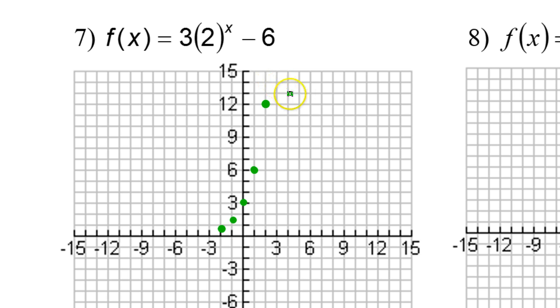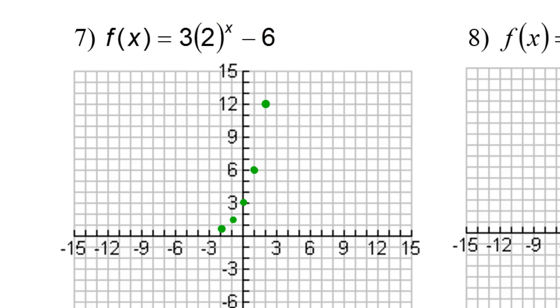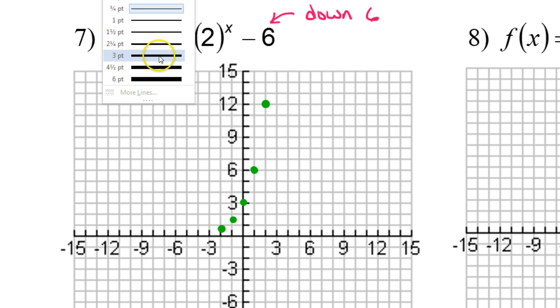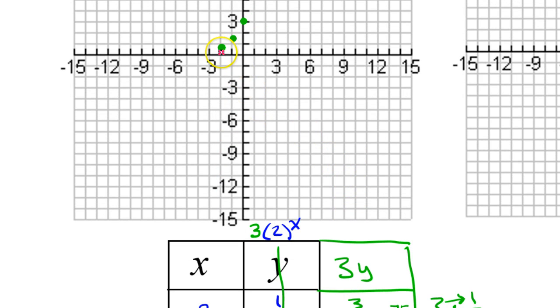Alright, so we have not done the minus 6 yet. That's the only thing that's missing. So minus 6 is down 6. So I'm going to take each of these points and move them down 6. Okay, so if I do that, that's going to be 1, 2, 3, 4, 5, 6.